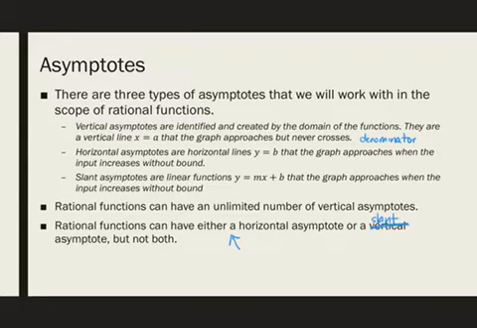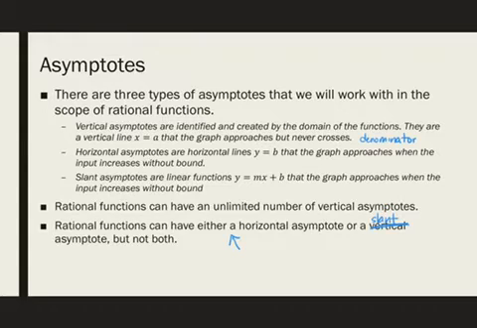Now, the other weird thing about asymptotes is a function will never cross a vertical asymptote. It can't. It doesn't know how. However, if the x values are small, and that's a relative term, okay, we don't have a specific number range for small, but if they're smaller, your function can absolutely pass a horizontal or a slant asymptote.